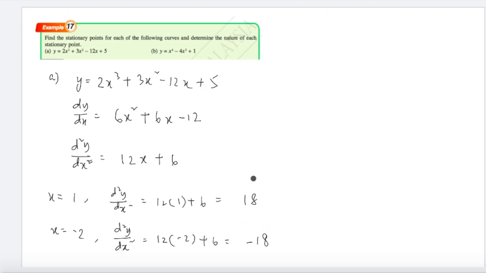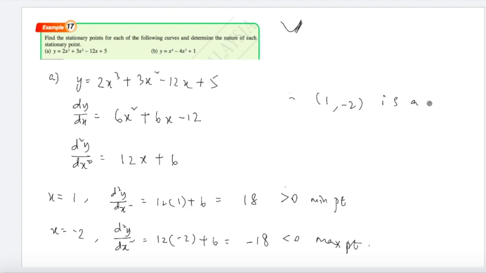When d2y/dx2 is positive, positive means going up, so it will be a minimum point. When d2y/dx2 is less than 0, it will be a maximum point. So done. Therefore, for A, use back your points.